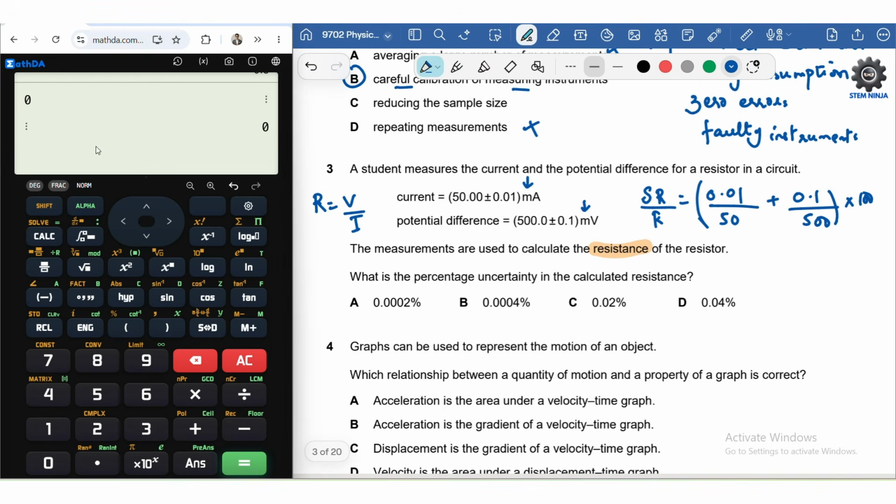We can do 1 divided by 50 plus 10 divided by 500, so you get 0.04. Basically, I multiplied the 100 in the calculation.